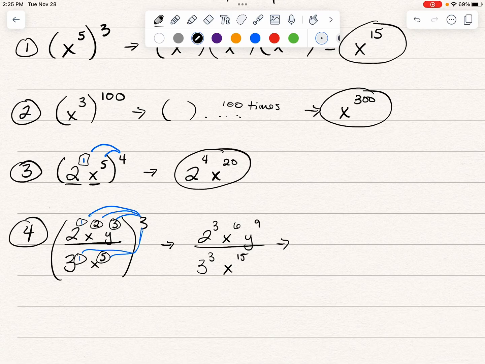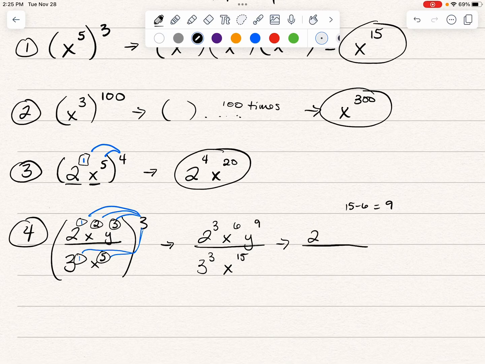Okay, so now we have a situation where in order to simplify, we need to use our quotient rule, which tells us that when we have the same base, here the base is x, I can subtract these exponents from one another. So 15 minus 6, all right, sometimes I go on the side and just use some scratch paper. 15 minus 6 is 9.